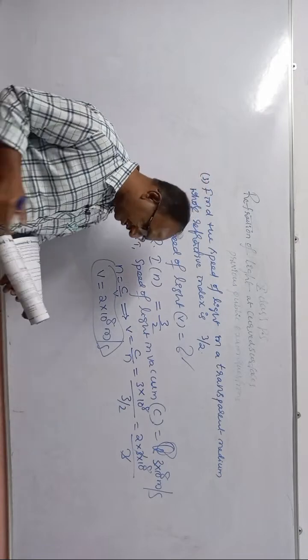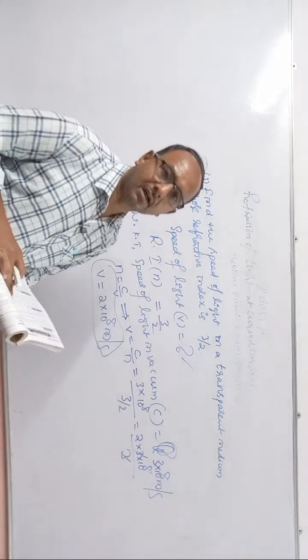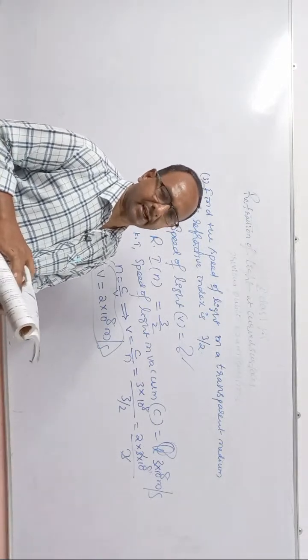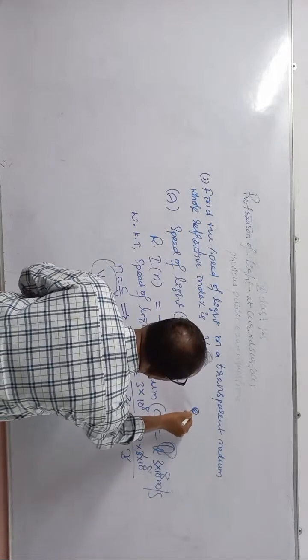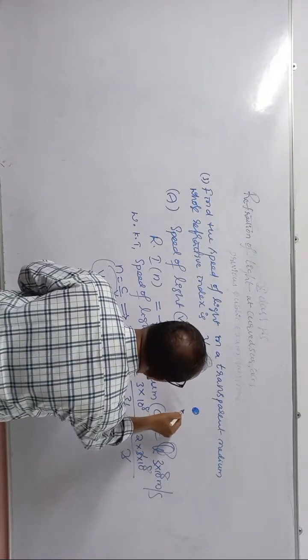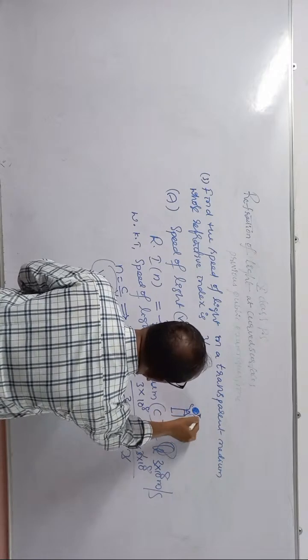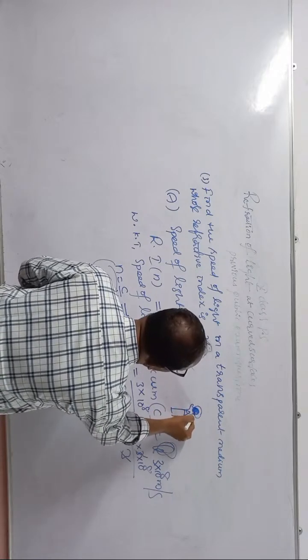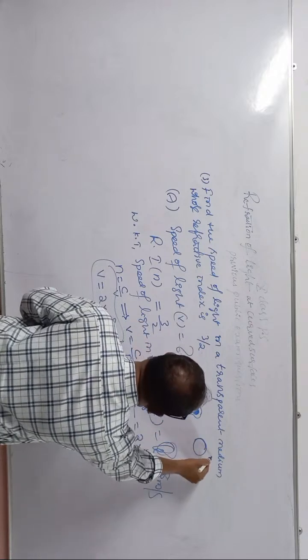So this is already there in the material. So the metal ball is coated with black soot from a candle flame. For example, it is a metal ball and this is a candle flame. So when it is placed over the candle flame, the metal ball is covered with black soot.